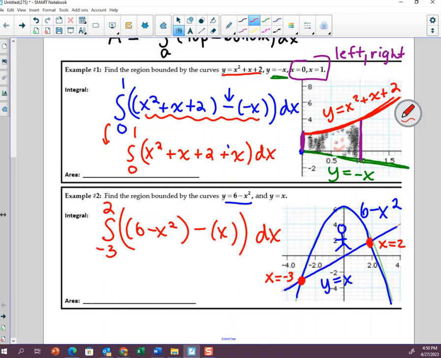Once you write the integral, really the new part of the lesson is over. The rest of the problem, coming up with the antiderivative, the big F, and doing all the arithmetic work, that's all old news. The new part is the top minus the bottom, left boundary, right boundary.